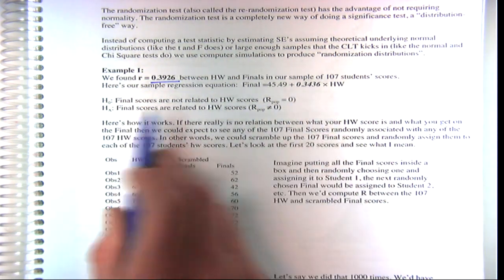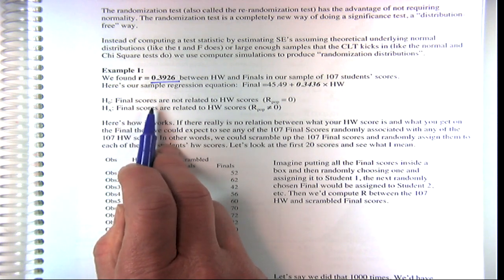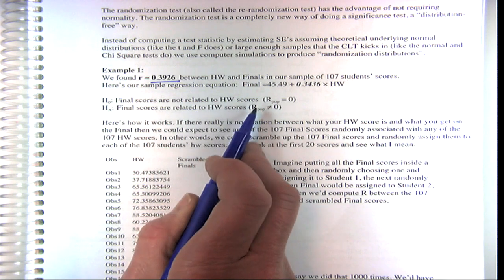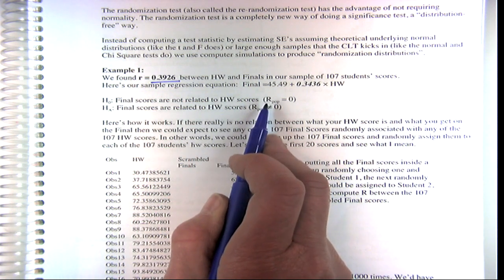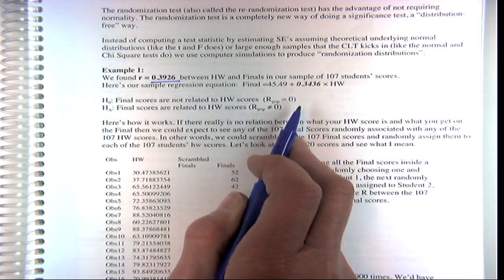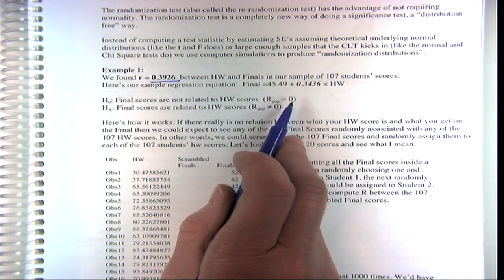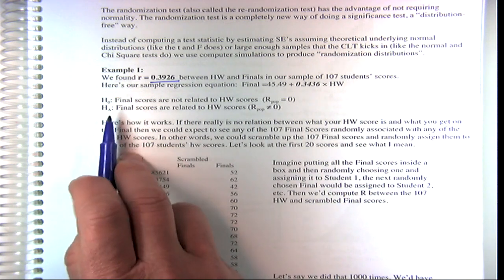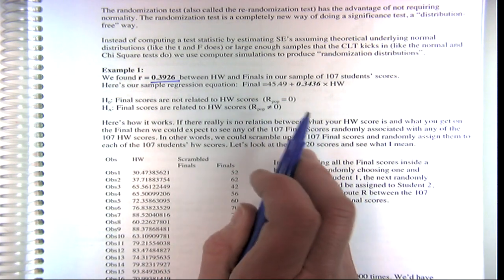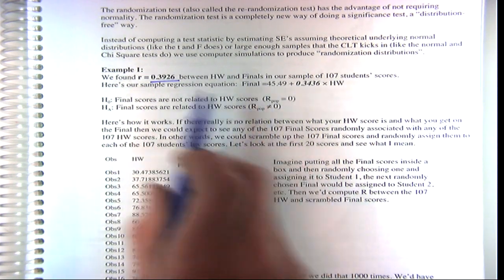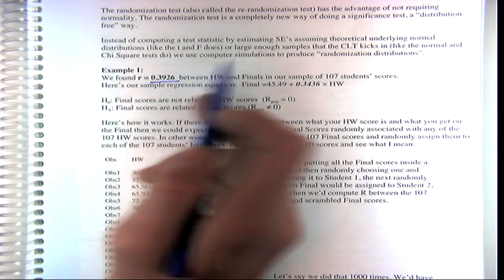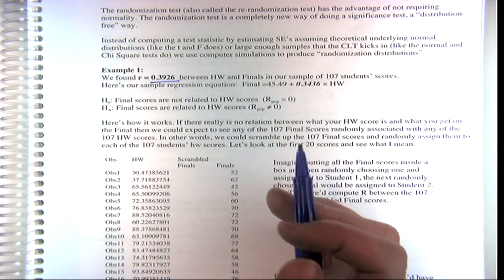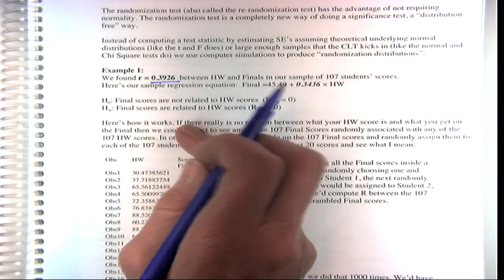And we have this null hypothesis that the final scores are not linearly related to the homework scores, that in the whole population of thousands of students, there's no correlation between how well they do on their homework and how well they do on the final. That's the assumption. And then the alternative is that there is some correlation. That's why we see this big an R in our sample, because it reflects a real correlation in the population.